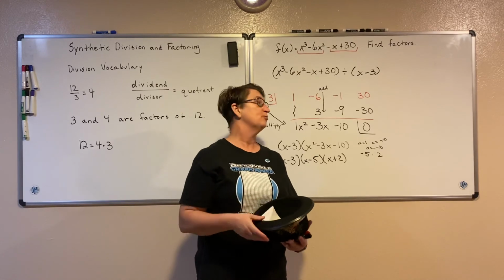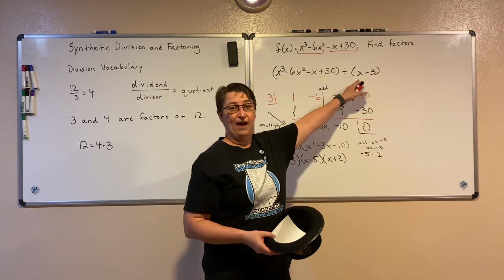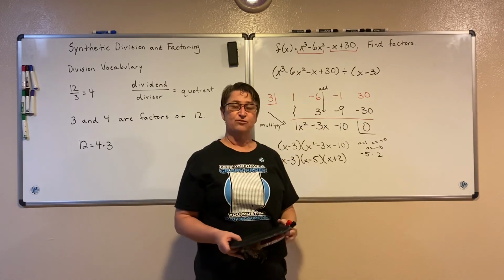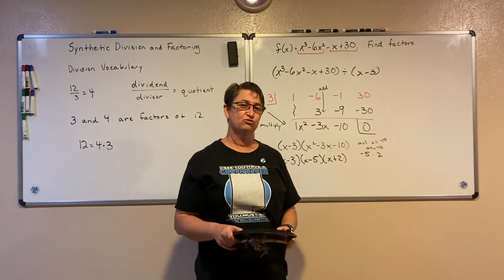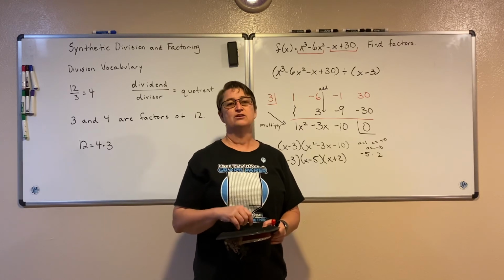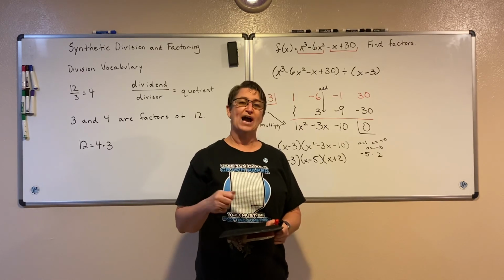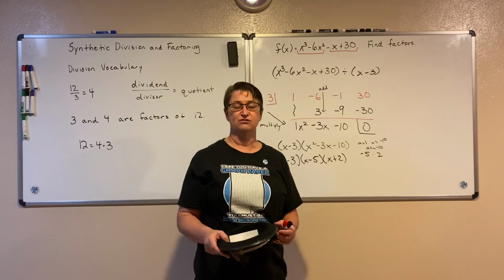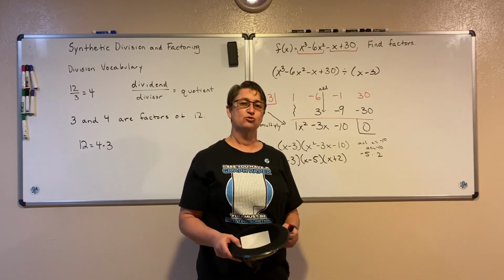We're going to need to be able to discover our factors, and in the next video, the possible rational roots theorem helps us to create our own magic hat to help us decide which factors we should use to test, to divide into our polynomial.